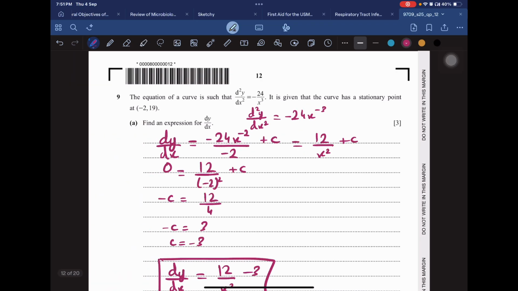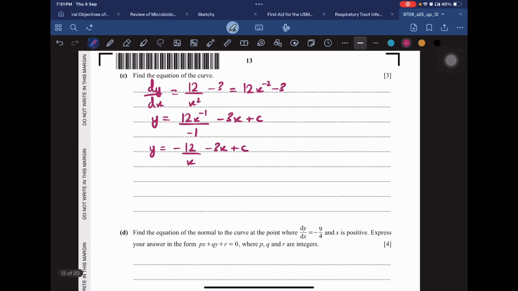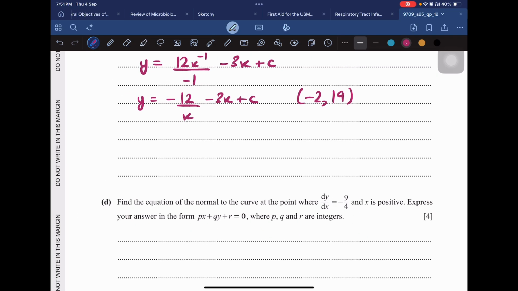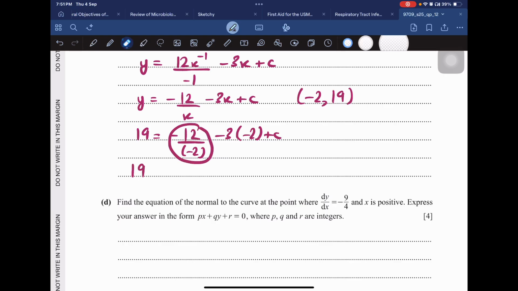We have a point of this curve given, negative 2 comma 19, which we'll put over there. So we'll input this into the equation. I'll replace y with 19, x with negative 2, plus c. I'll shift everything to the left except for c. So 19, this would become negative 12 upon negative 2, which is positive 6.